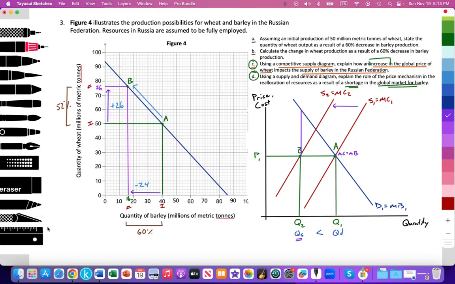and you can see that at Q2, the marginal benefit is now greater than the marginal cost.